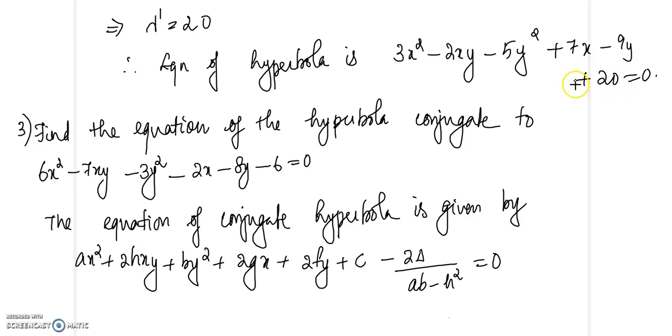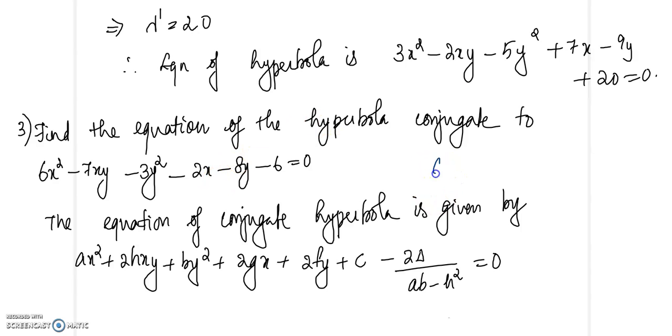Now, the next problem is to find the equation of the hyperbola conjugate to 6x square minus 7xy minus 3y square minus 2x minus 8y minus 6 equal to 0. So we need to find the equation of the conjugate hyperbola of this.